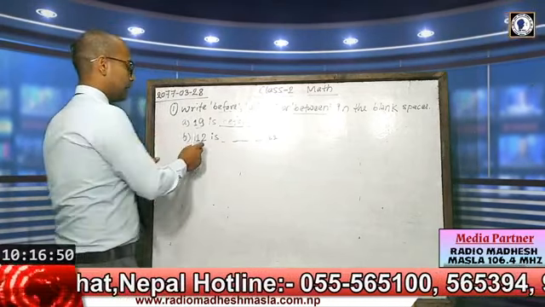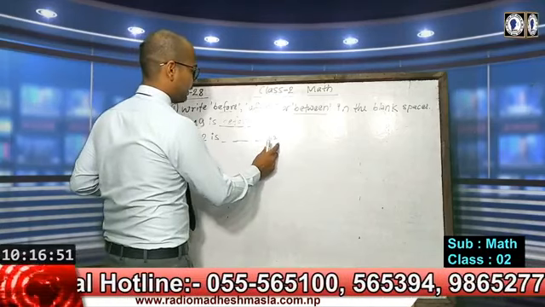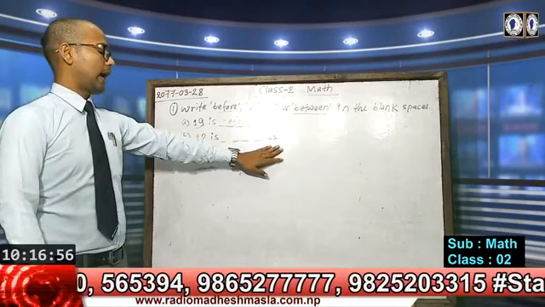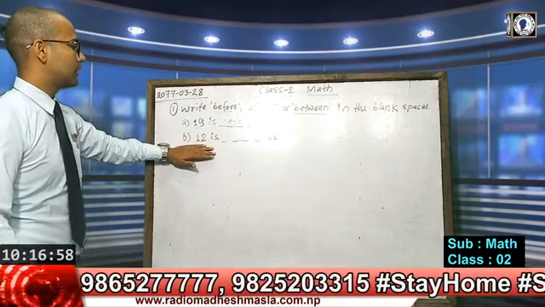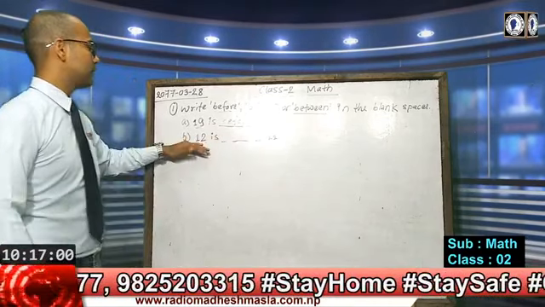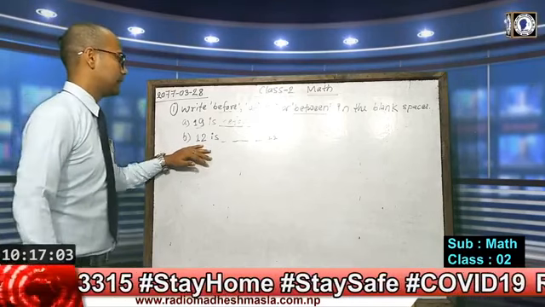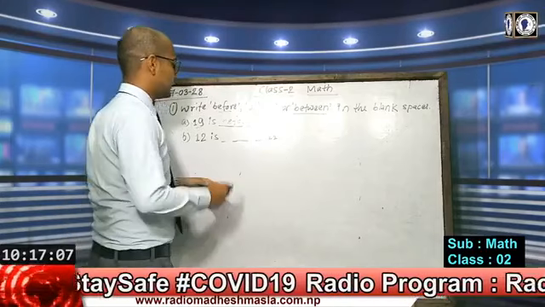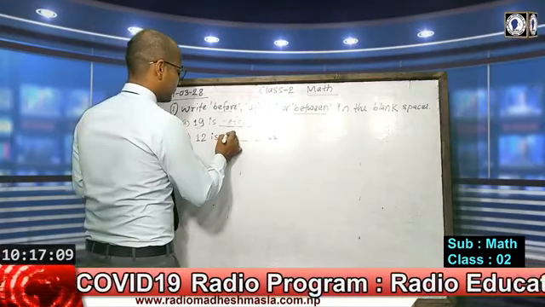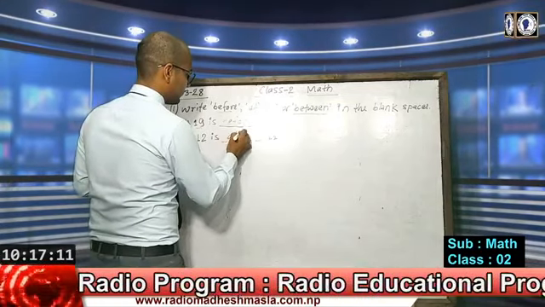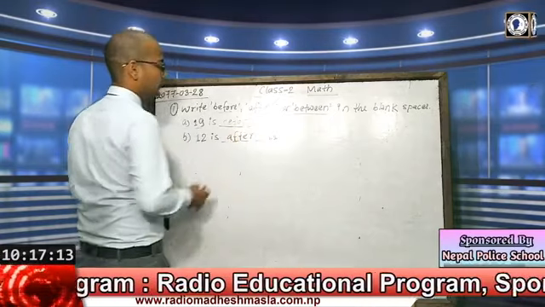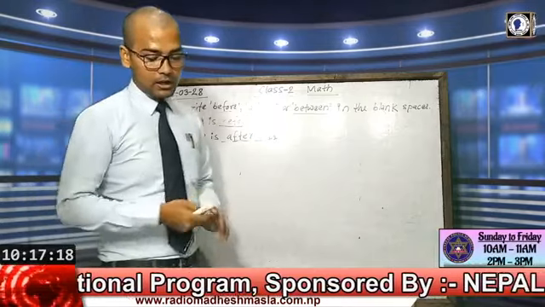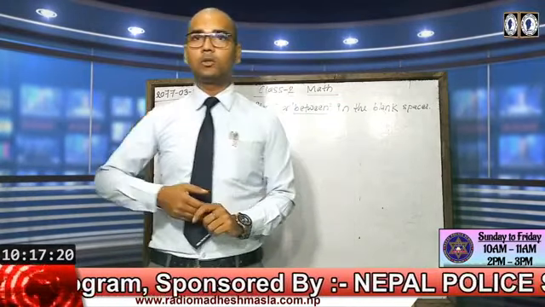If we talk about 12 and 11, 11 comes first, and 12 comes after 11. So here 12 comes just after 11, so we should write after. 12 is after 11. In this way we can fill the blanks of different questions with suitable words.